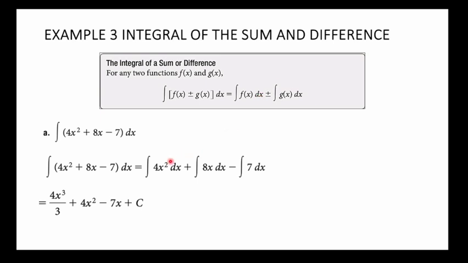So when I find the antiderivative of 4x squared, that's a power function. So I'm going to use the reverse power rule for derivatives. I'm going to add 1 to my exponent, so this is now going to become a 3. And then I divide by 3. And that's where this comes from. So that's the antiderivative of 4x squared.